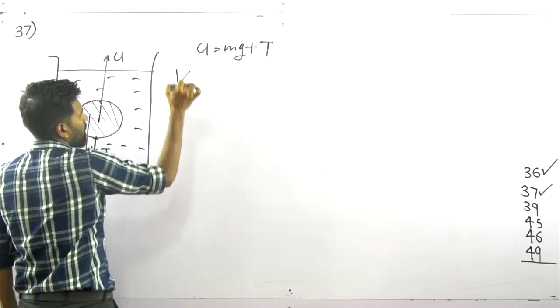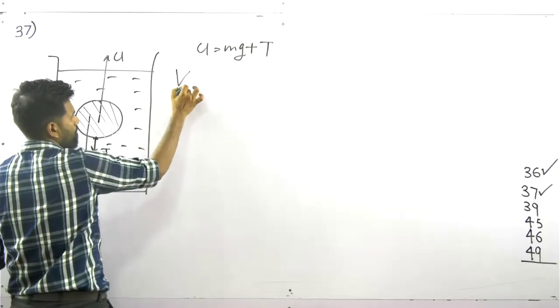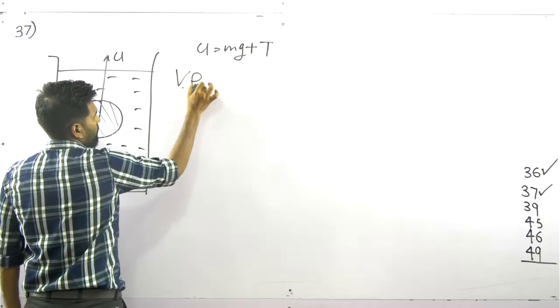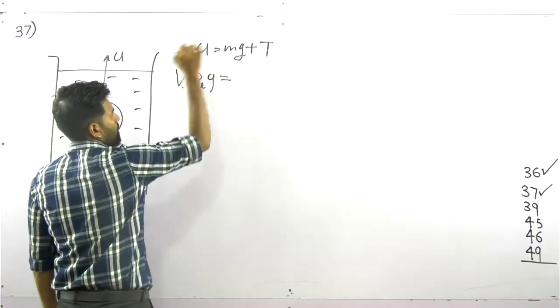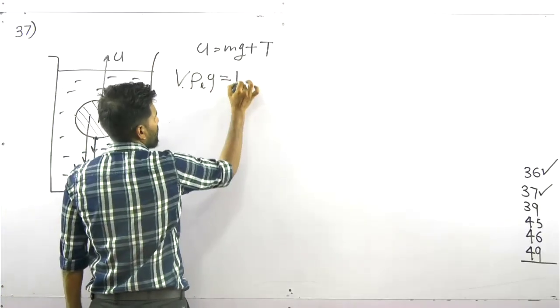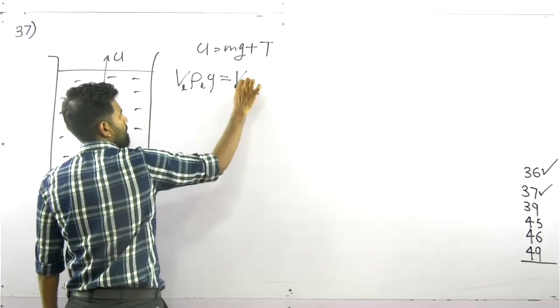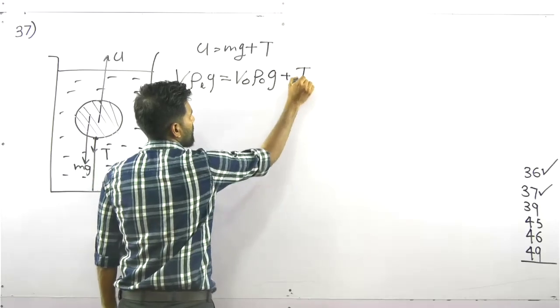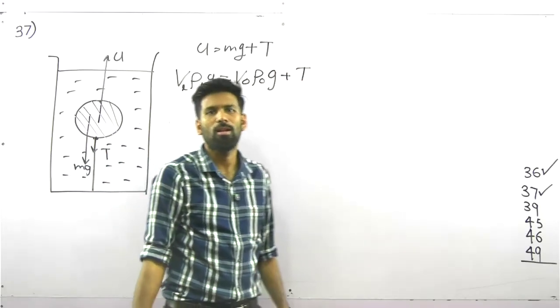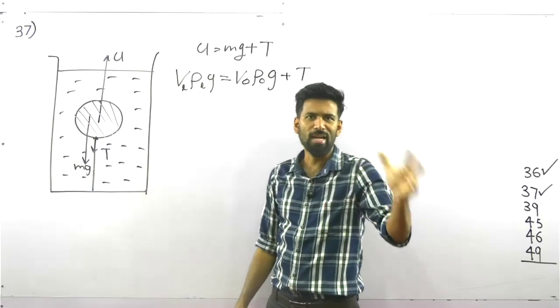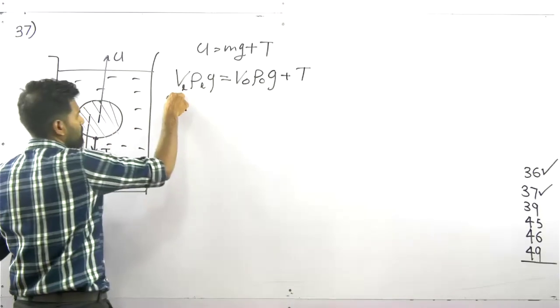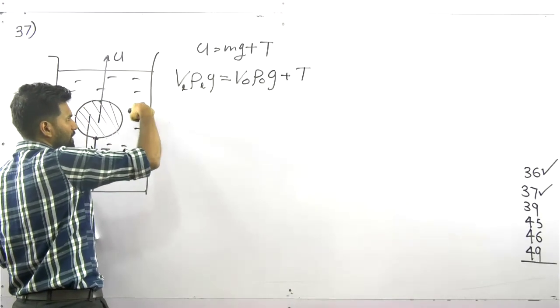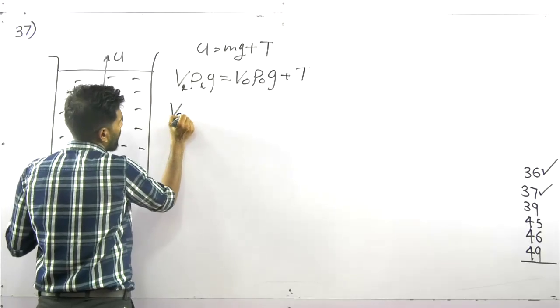Upthrust is the volume of the object inside the liquid times density of the liquid times g. Weight of the object is volume of the object times density of the object times g, plus T. Here the full object is inside the liquid. So to write the upthrust, you need the volume of the object inside the liquid. It's equal to the volume of the object here.